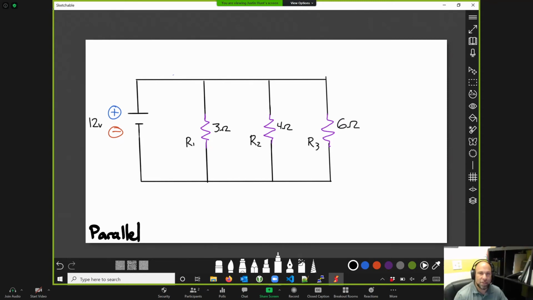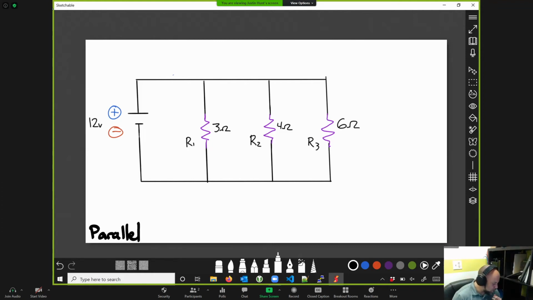Excellent. Let's go back to what we were talking about earlier. The voltage across parallel resistors is the same. The pressure pushing across all these paths, just like we saw in the picture of the tributary, is going to be consistent. It's going to be the same voltage across all these channels that the power can go through.